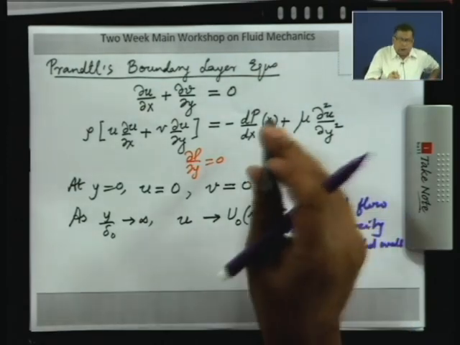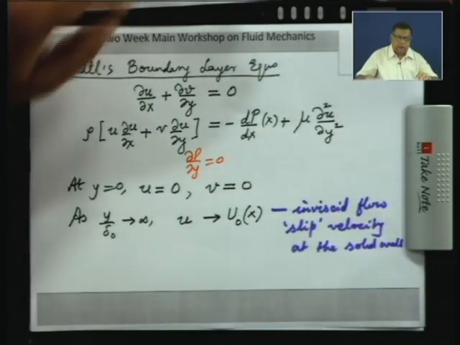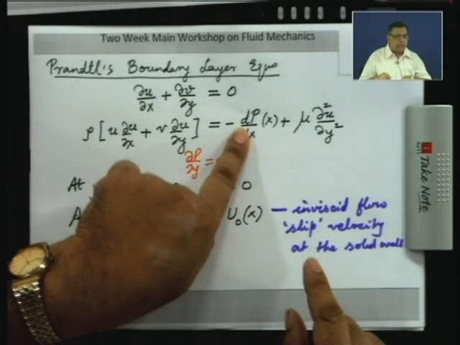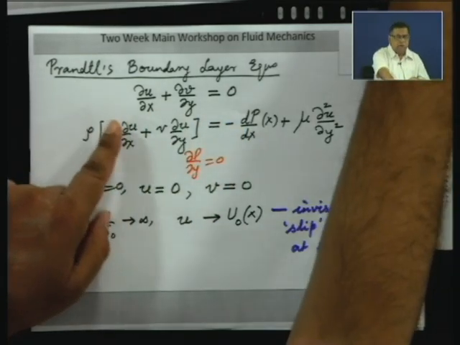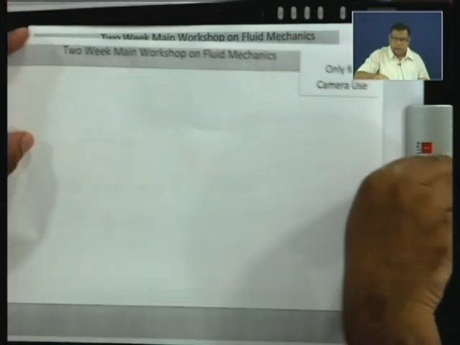Now, let us see how to find the pressure gradient. This equation I will rewrite with the pressure gradient on one side, and I will move the other terms to the other side.